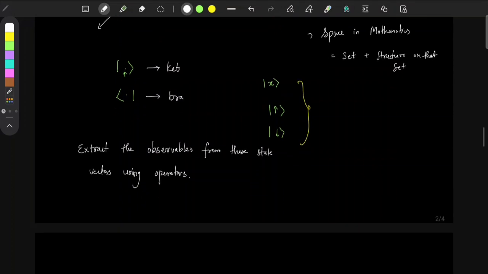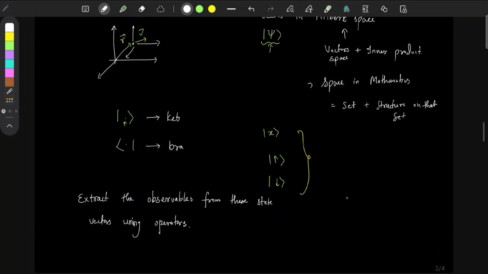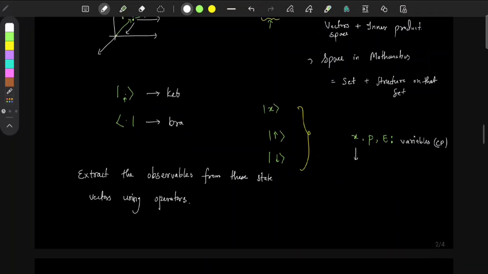So what really happens to the observables in quantum mechanics is that, instead of a variable, suppose position x or momentum p or energy E, which are variables in classical physics, I'll write CP for the time being. In quantum mechanics, these are not variables anymore. They become operators.